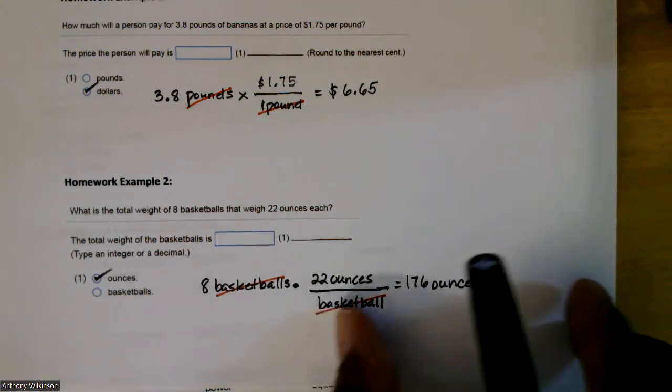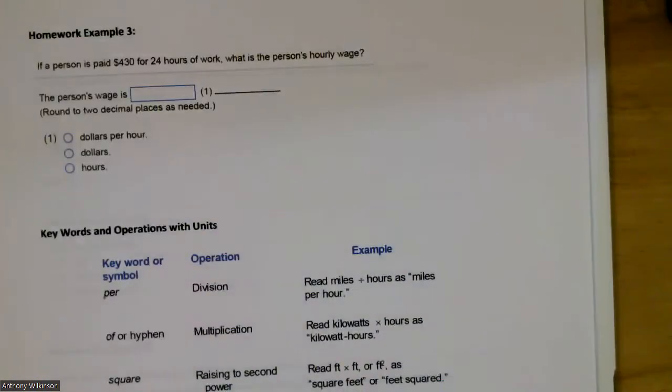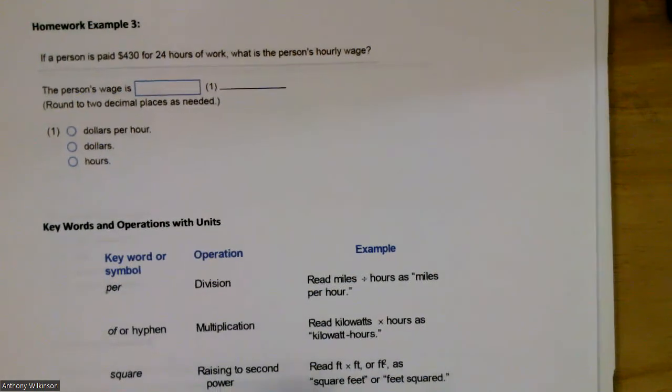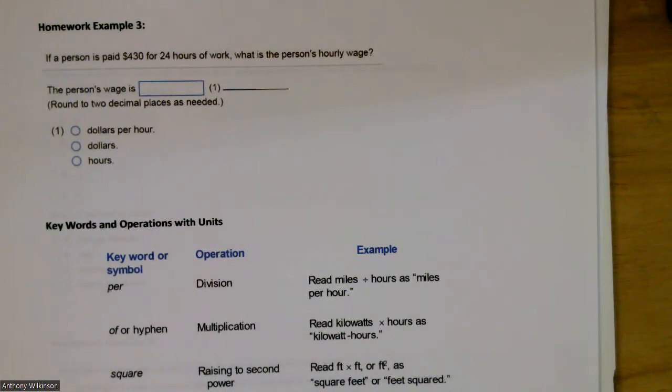All right, here's one more of these. If a person is paid $430 for 24 hours of work, what is the person's hourly wage? $430 for 24 hours of work.